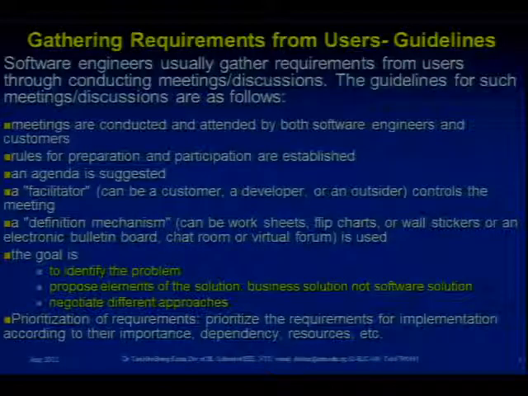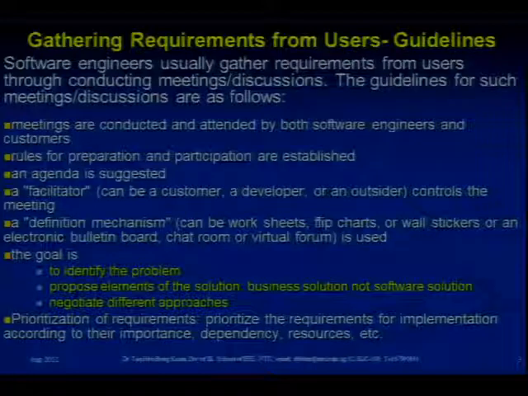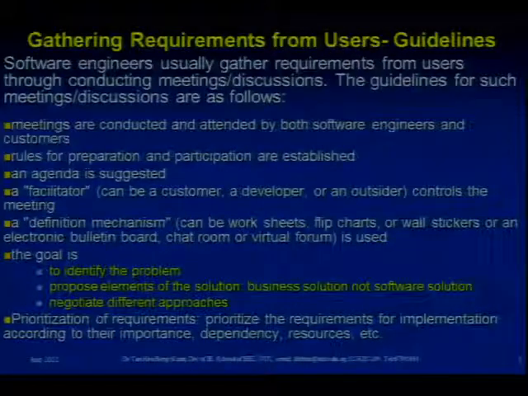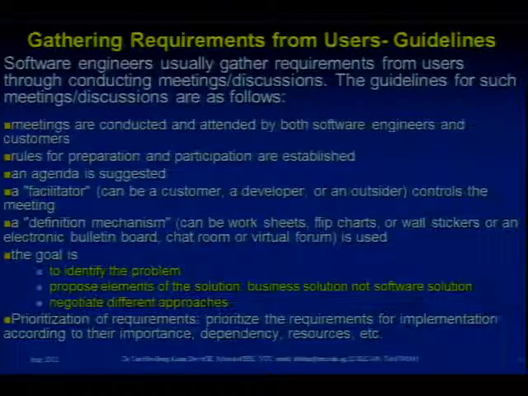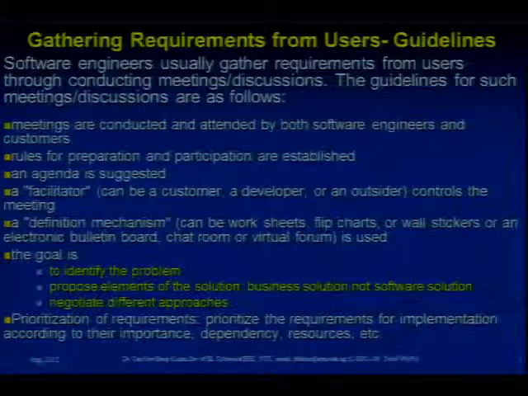So if requirement A is very important, but when you implement requirement A, you will need requirement B to support it in terms of providing information, then before you implement requirement A, you will have to implement requirement B first, because A needs the support from B. So you have to consider such dependency as well.